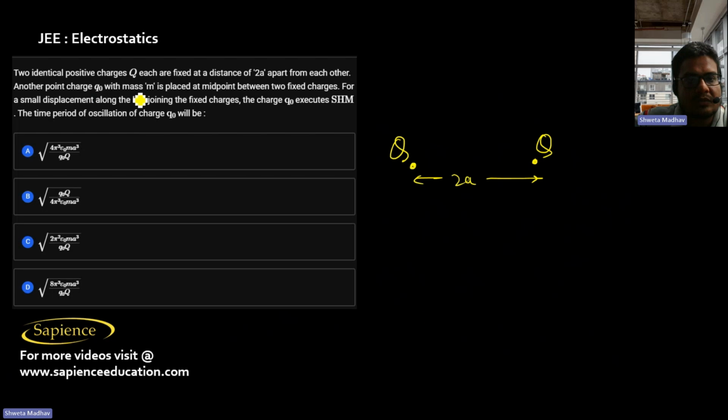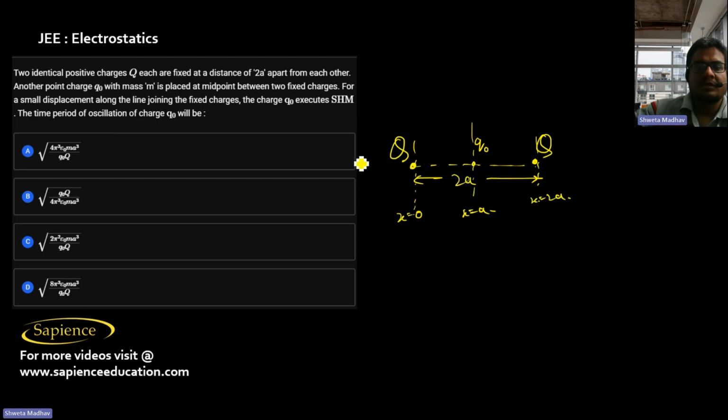Another point charge Q naught with mass m is placed at the midpoint in between the two fixed charges. So the fixed charges are at x equal to 0 and x equal to 2a, and this charge is kept at x equal to a, the midpoint in between the two fixed charges.